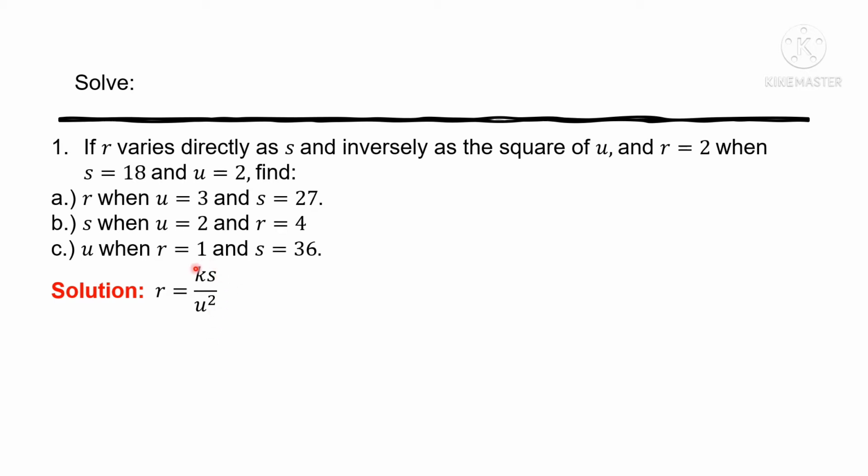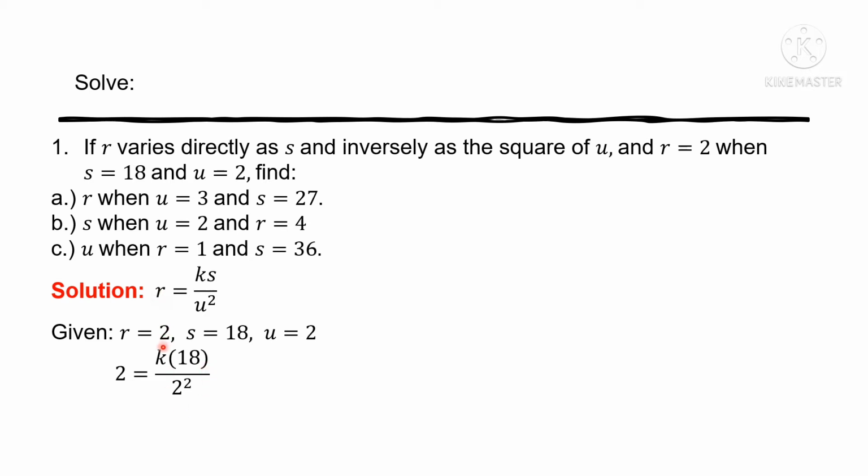Okay, then next we have to find the constant of variation using the first set of data, na yung R natin ay 2 kung ang S ay 18 at ang U ay 2. So isasubstitute lang natin ito dito sa ating model equation. So yan, 2 equals k times 18 over 2 squared.